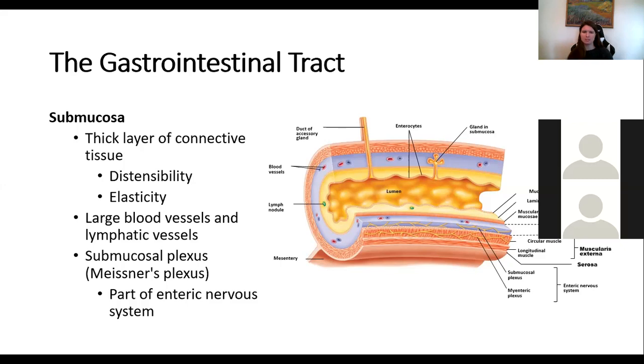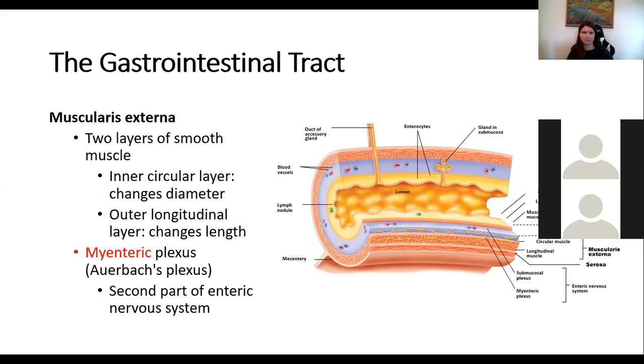So we'll see that this is an important part of nervous function in the GI tract. Okay, so submucosa letting us change the size of this tube because it makes our GI tract distendable and elastic. And also we got a nervous system in there, and part of that is in the submucosa.